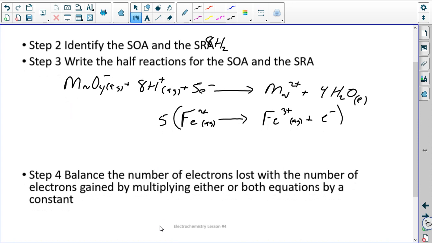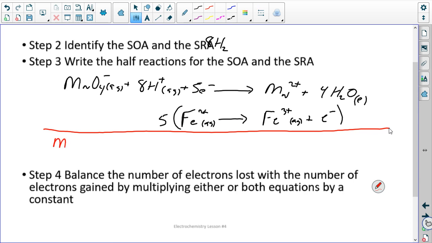Now, what we do is we add these together. We have 1 MnO4- plus 8 hydrogens plus 5 iron 2 plus, and 5 electrons.